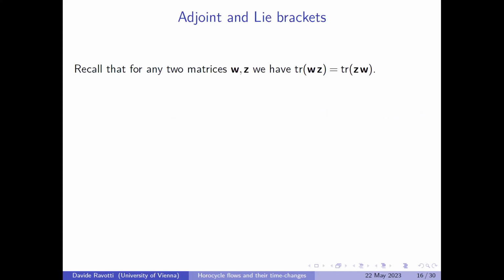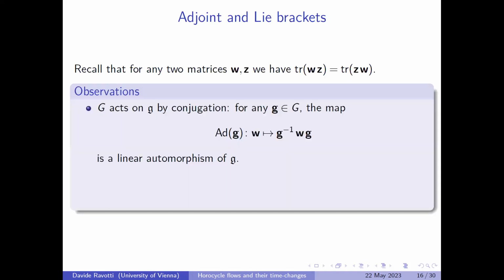So this is a simple observation, but it tells us something. For example, my group can act on little g by conjugation. For any g, I can define a map, which I would call Ad g, from little g to itself by taking a matrix W and mapping it to g inverse W g.